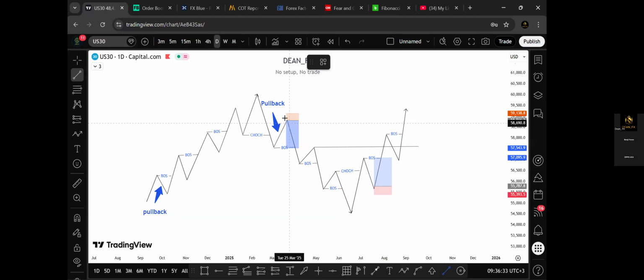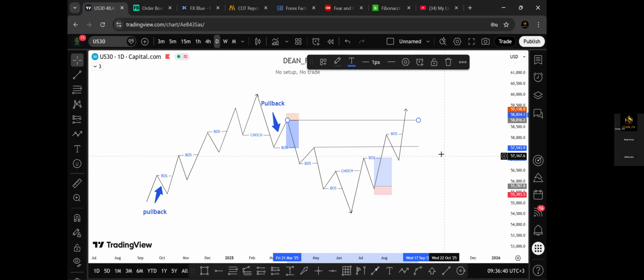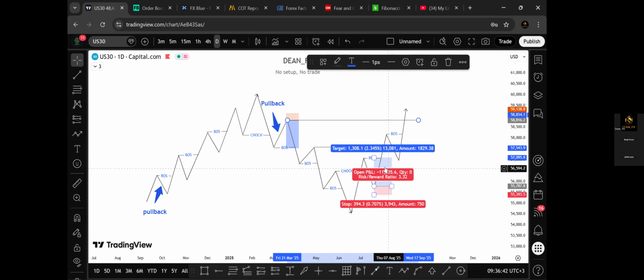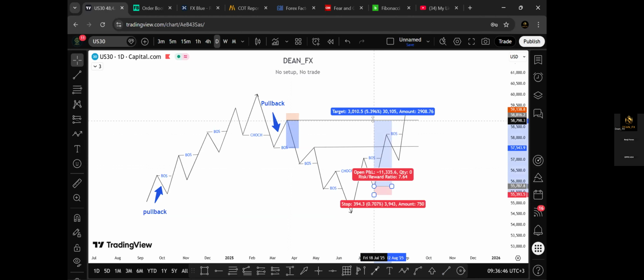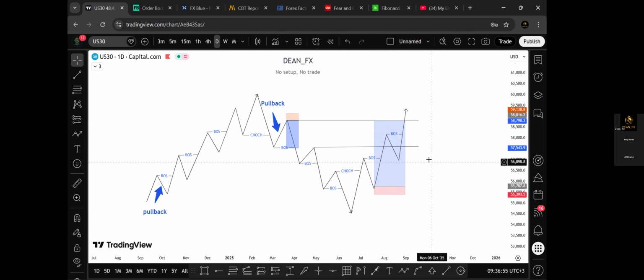So as you're in the market, sometimes you have to be there in the long term. You can use a smaller lot size, maybe 0.01, and hold the price. Sometimes it usually goes the way you intend it to go.